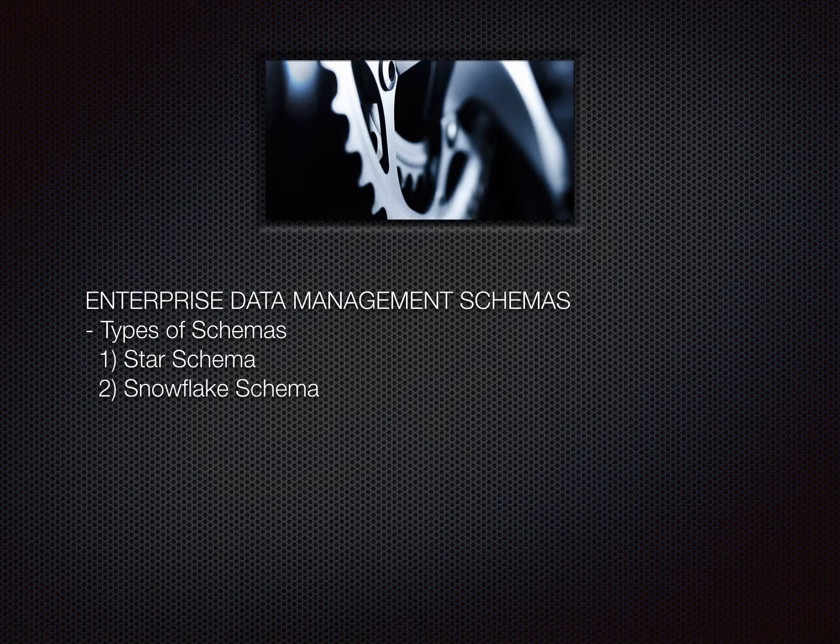The snowflake schema is a relational database. It contains measures and facts. The fact table is found in the center of the model or the schema. Now the fact table has foreign keys that relate to the different dimension tables at the lowest level of the hierarchies.